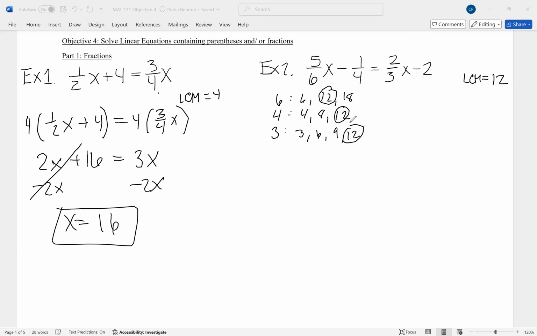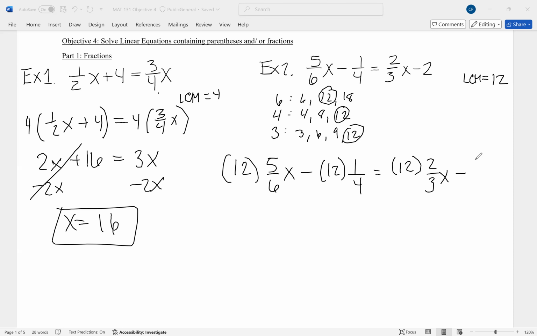Now we have to multiply every single term by 12. So we have 12 times 5 over 6x minus 12 times 1 over 4 equals 12 times 2 over 3x minus 12 times 2.